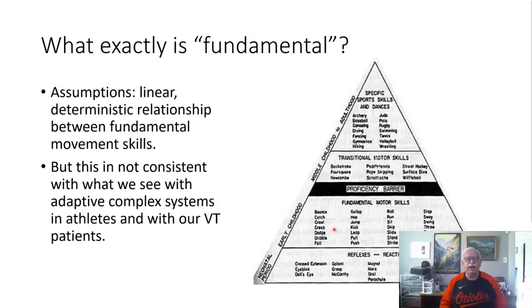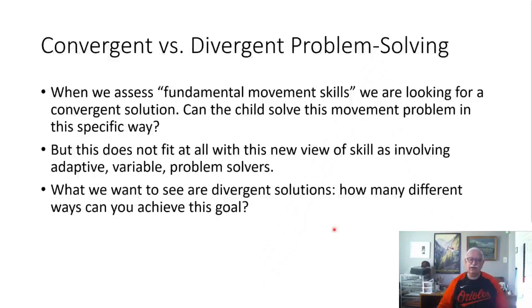They do not help us actually understand the total pattern. And it's been so nice to find somebody from a completely different field that meshes so nicely in my own thinking on this. So here we're going to talk briefly about convergent versus divergent problem solving.